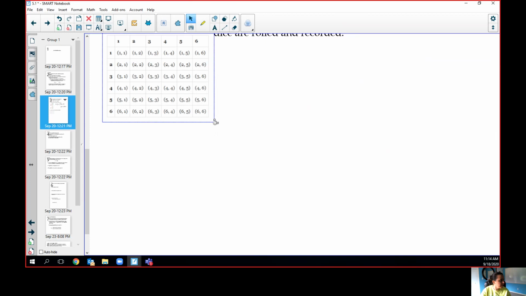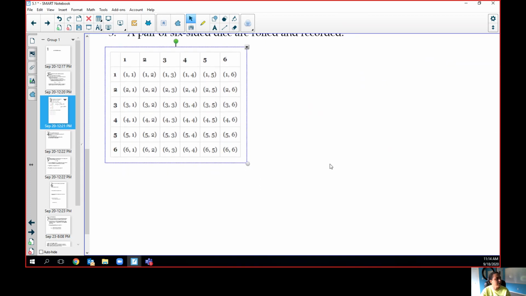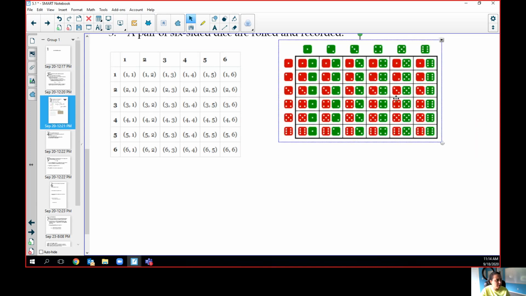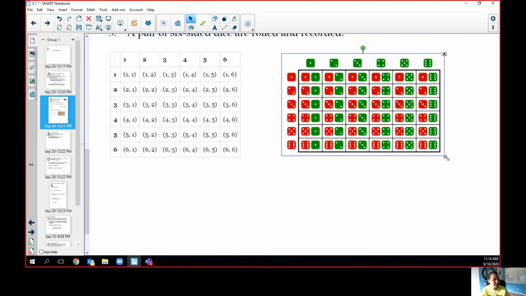But that was the idea of how we're going to get these two charts. So this is what I was doing right here. I was making a chart. Our first outcome was 1, 1. These would be our two separate dice rolls. If that's kind of hard to see, here is an actual picture of if we were to roll our two separate dice.